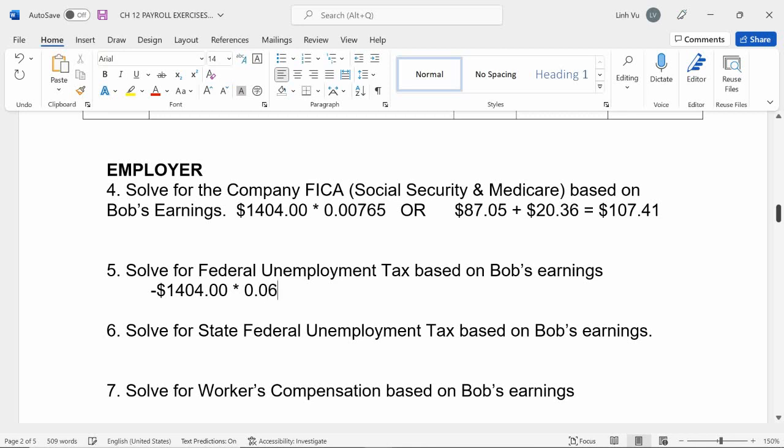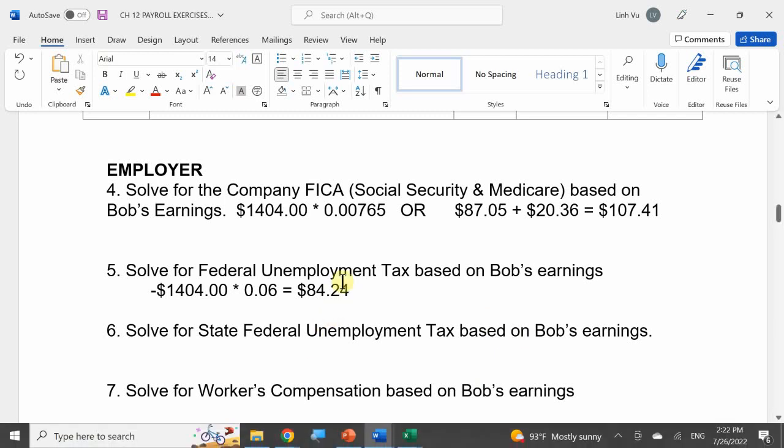At 6%. So what is 6% of 1404? $84.24. Okay.